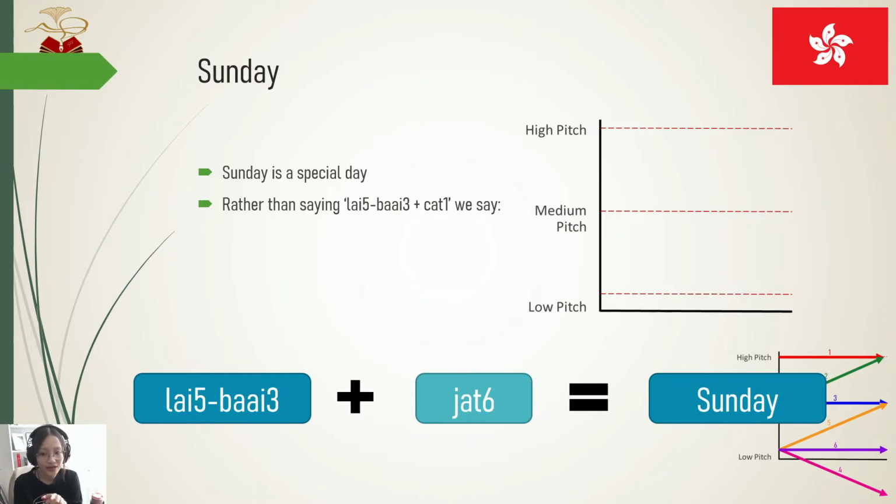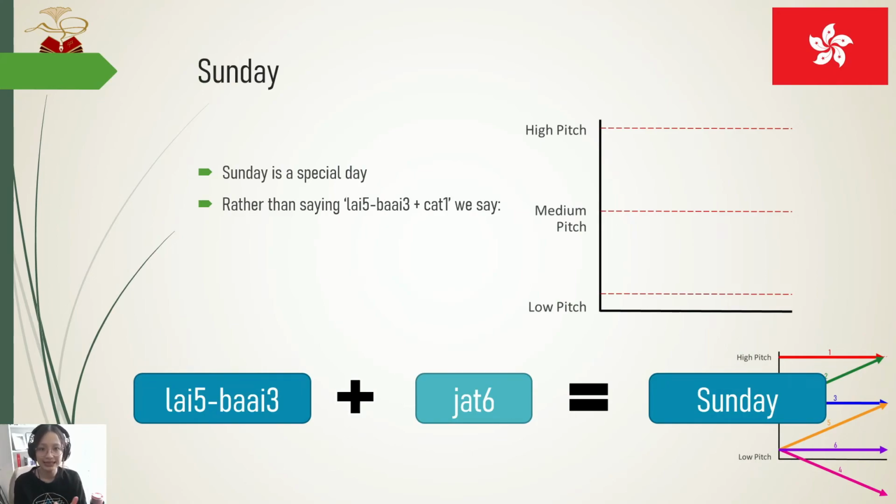One thing you need to be careful of is the tone for the two different yats. One is your high tone, the other is your low tone. The high-tone yat means 1, so Lai Bai Yat means Monday. The low-tone yat itself means a day or the sun, so you say Lai Bai Yat for Sunday.